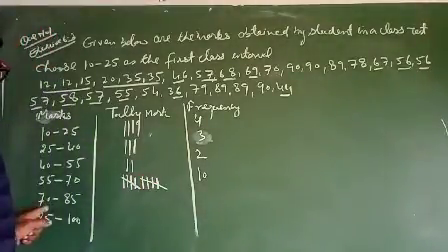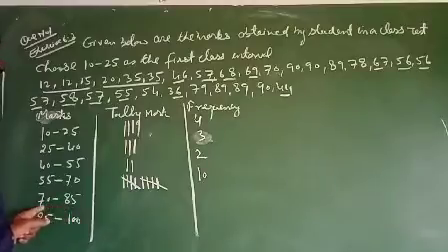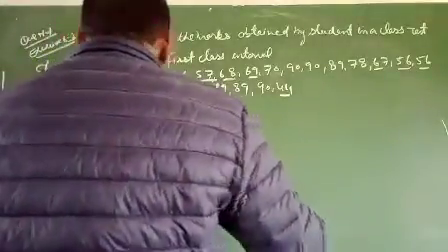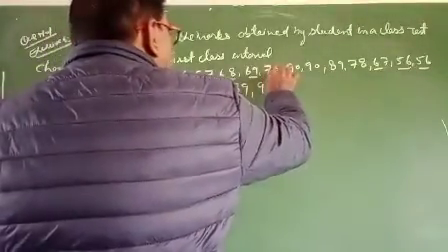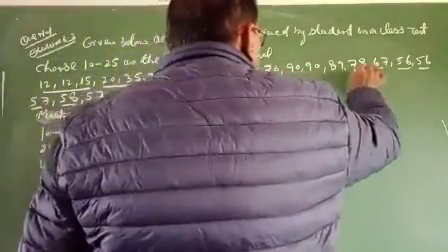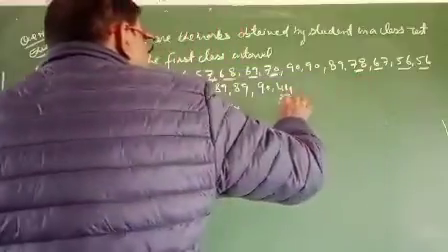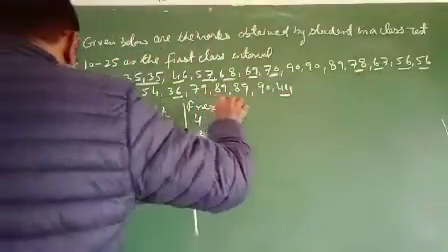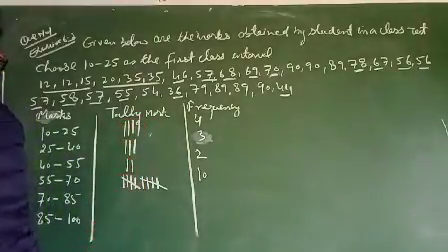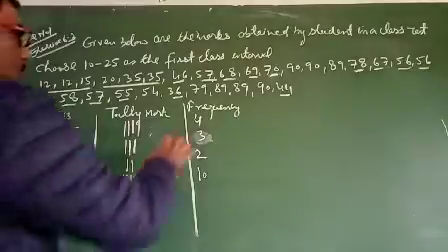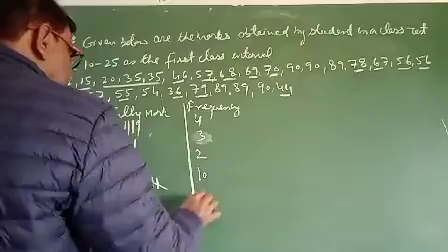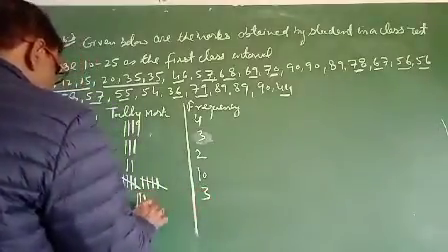Now I will find the number of students who got marks between 70 and 85. That is 1, 2, 3, so 3 students.